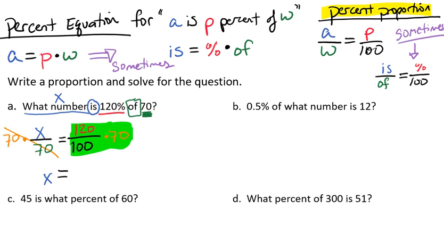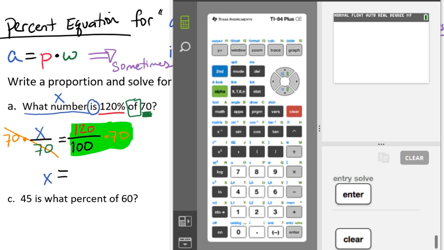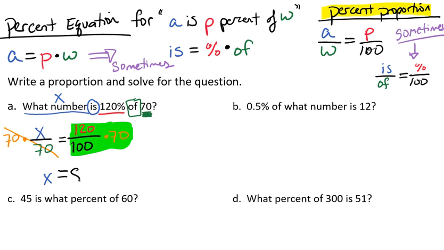That's 120 over 100 times 70, and I'm going to see that my answer is 84. So x equals 84. So when it says what number is 120% of 70, that answer is 84. So let's try our next problem.